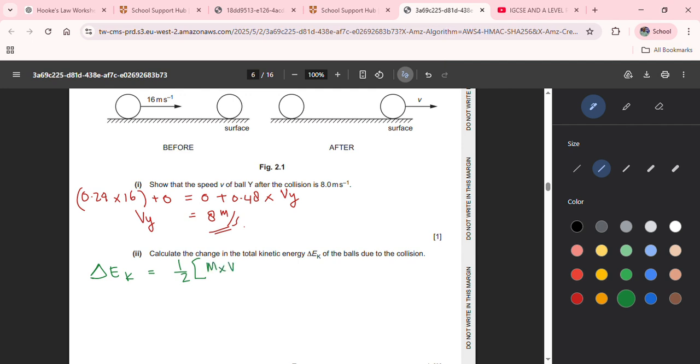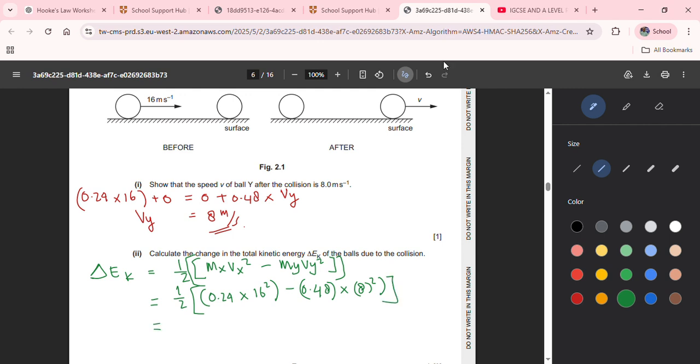So mxvx squared minus myvy squared, equal to half times, in the bracket, mx, which is 0.24, times vx, which is 16 squared, minus 0.48 times vy squared.